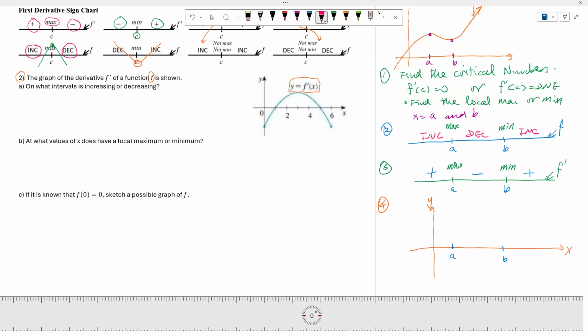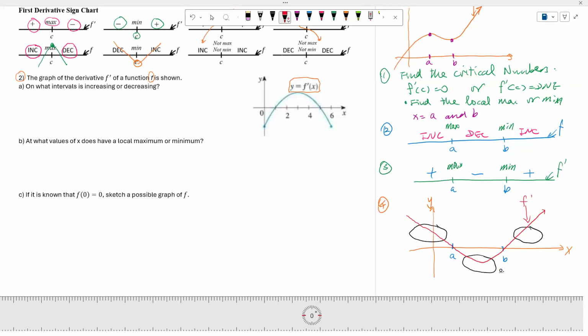The graph goes from positive to negative, and then back to positive. So the graph looks something like this. This will be my f prime.